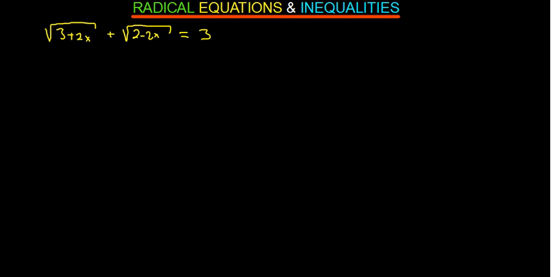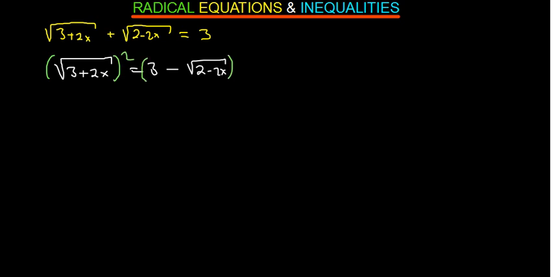So what I'm going to do again, since we have got two roots on the same side, I want one root to go to the other side so that I just remain with one. Now for this one, there's nothing that is a bit simpler, so anything that I want to remain with on the other side is okay. So that would be 3. I take this other root, it becomes negative root of 2 minus 2x. And then from here, square both sides.